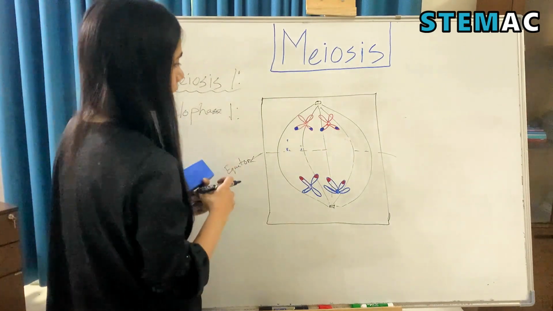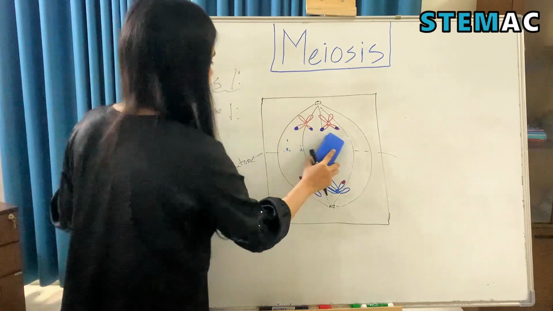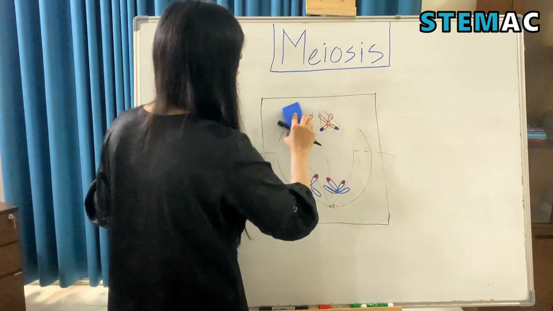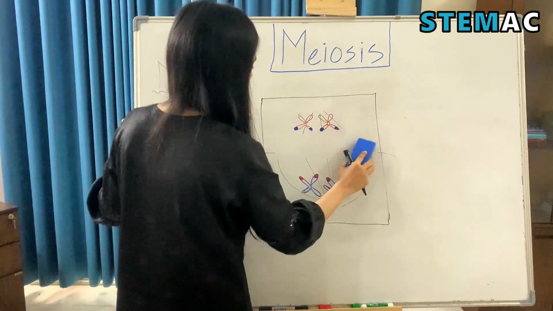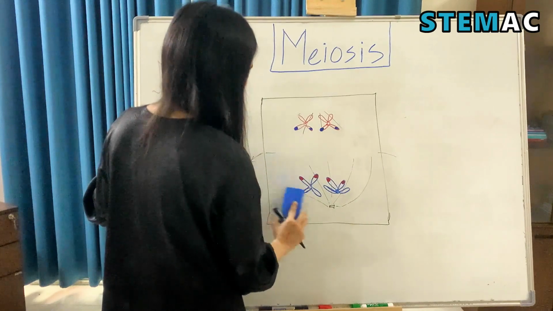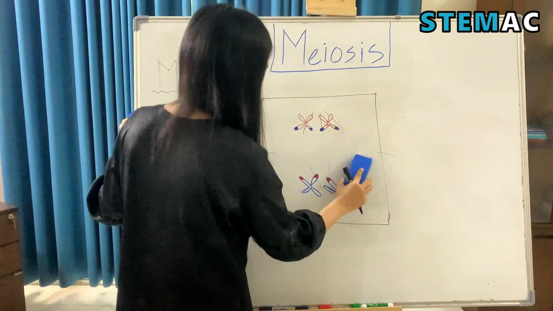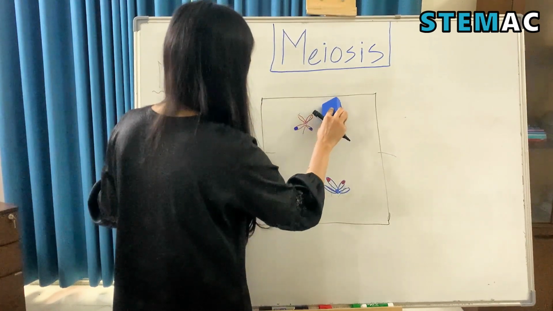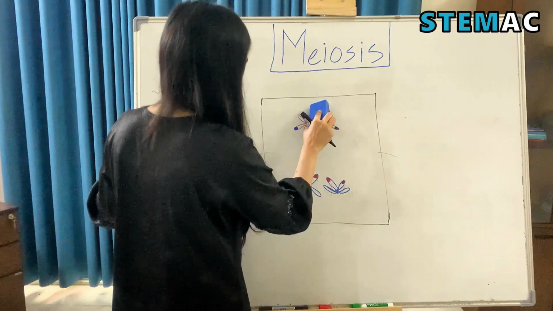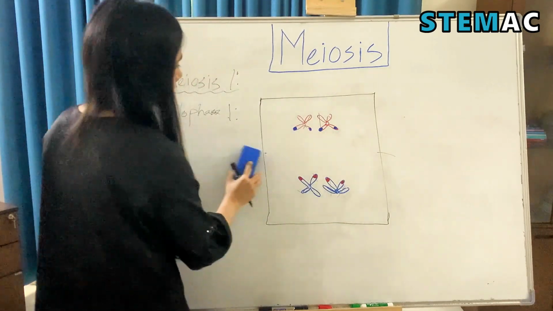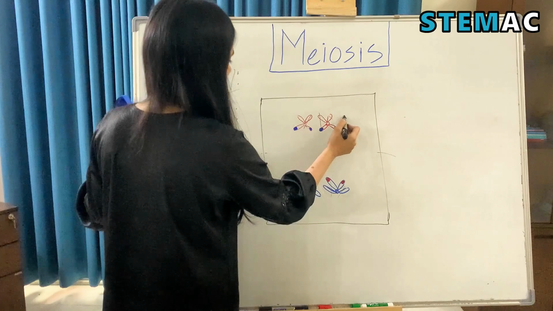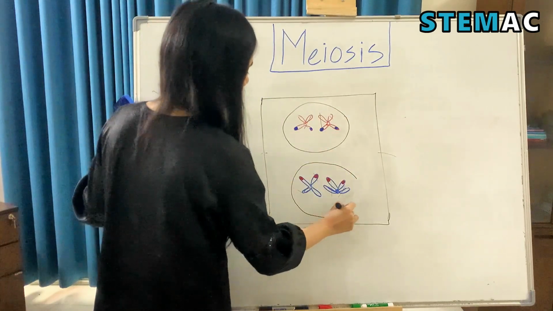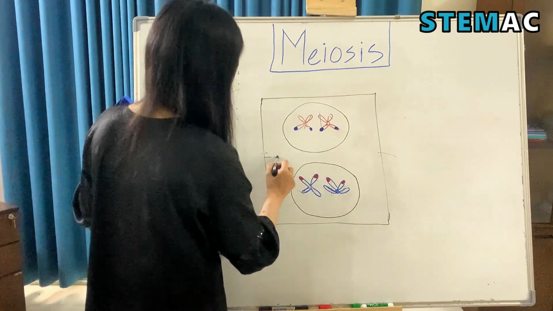And in the case of telophase, the spindle apparatus will disappear, and the nuclear membrane will start to reappear. And a cell plate will form in the middle.